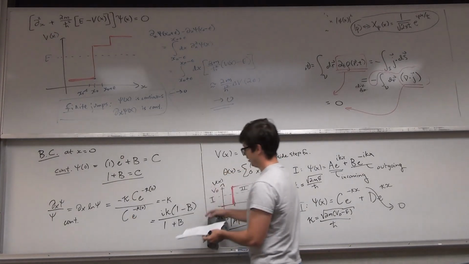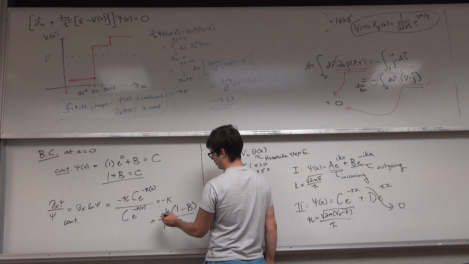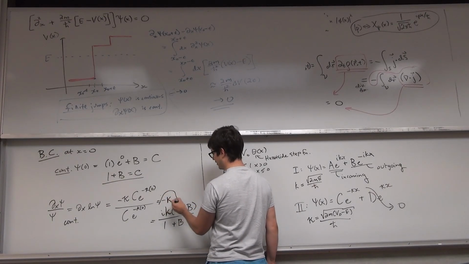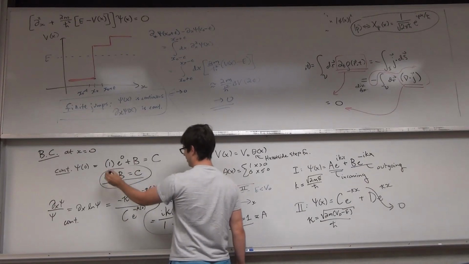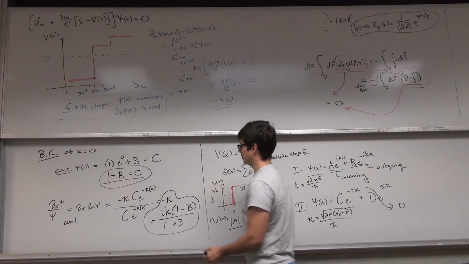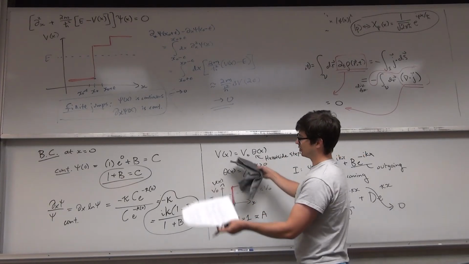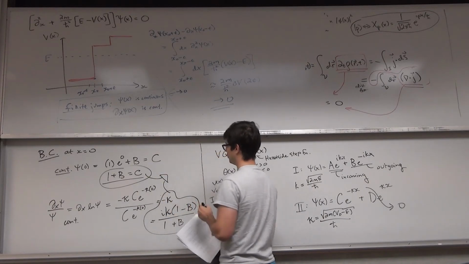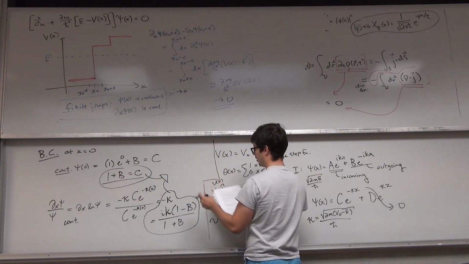And what do we get from this? We now have two equations. This is k, this is kappa. So we have two equations, this guy and this guy. And we have two unknowns, b and c. So we can just solve that. We can take these two equations, just do some basic algebra. And what do we get?